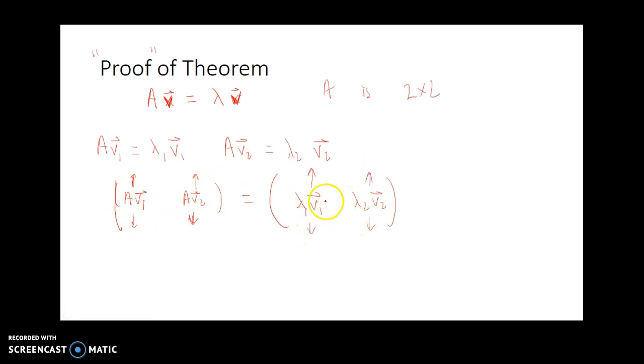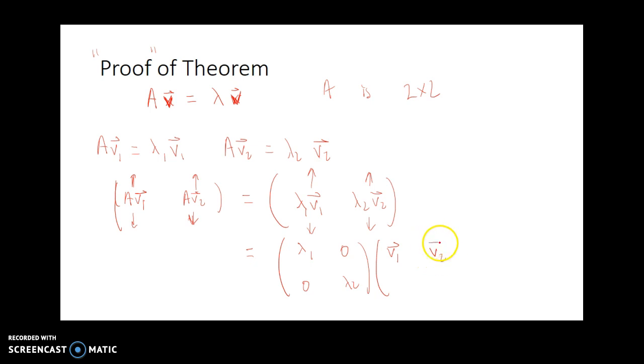So one thing that I am going to do here is argue that this will be the same thing as taking a matrix that contains lambda 1, 0, 0, lambda 2, and multiplying that by a matrix that contains the eigenvectors V1 and V2. It'll look like this.